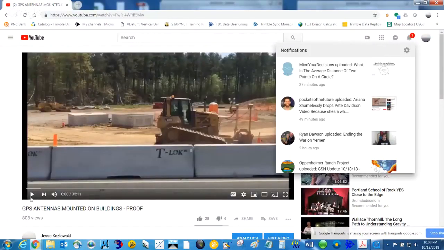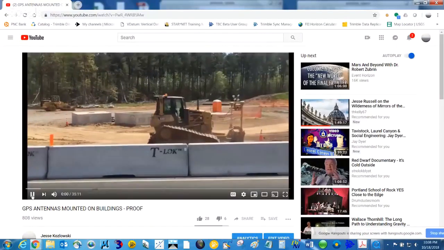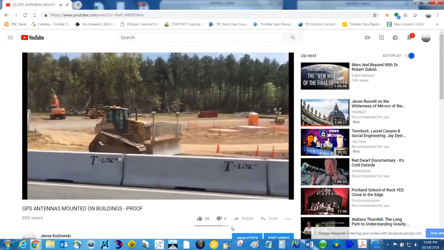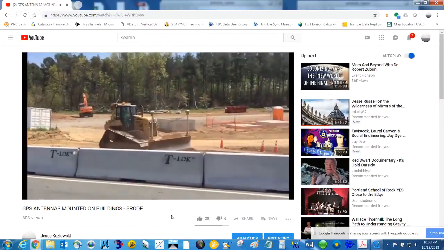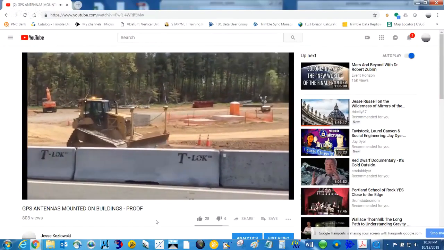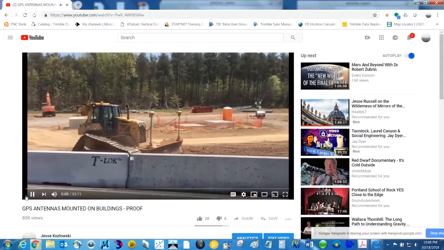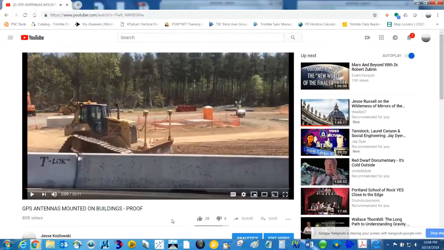So here's a video I made here. GPS antennas mounted on buildings, proof. So I'm not going to show the whole video, but I am going to tell you that if you want to doubt the GPS or its effectiveness or that it can work, every road these days, all roads are being built with GPS mounted on the dozers.